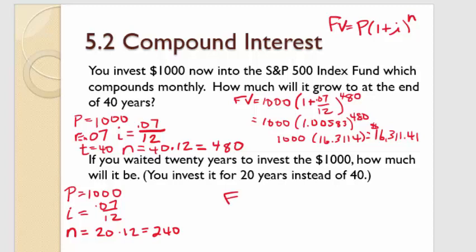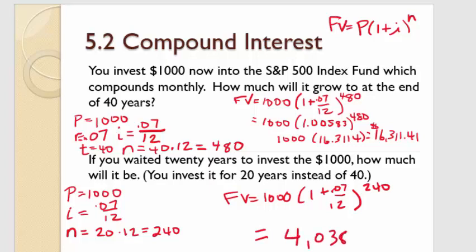So I have 1,000 times 1 plus 0.07 divided by 12 raised to the 240th power. Or, calculating that out, I get $4,038.74. So if I wait 20 years in order to invest that same $1,000, I will have about $12,000 less. So time is really what helps in compounding.